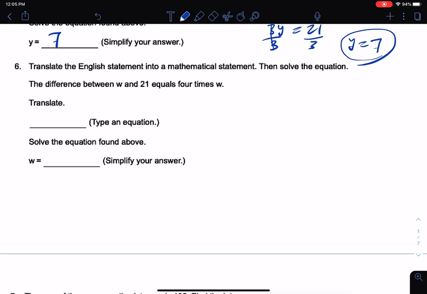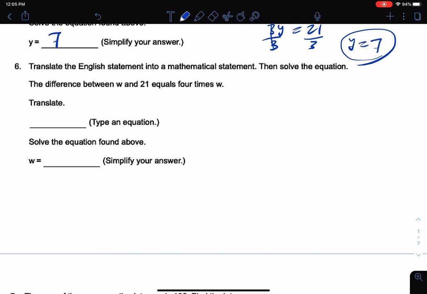Moving on, the difference. Now the difference is the answer to a subtraction problem. And some of these formal operators like that: sum, difference; quotient is the answer to a division problem. Product is the answer to a multiplication problem.